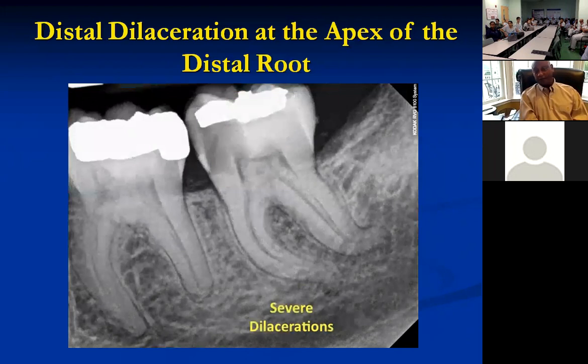And second molars are difficult teeth to treat, not only because the location in the mouth is tough to access, but because of the degree of anatomical variation in lower molars and upper molars as well. But really in lower molars, you get a lot of anatomical variation in lower second molars.